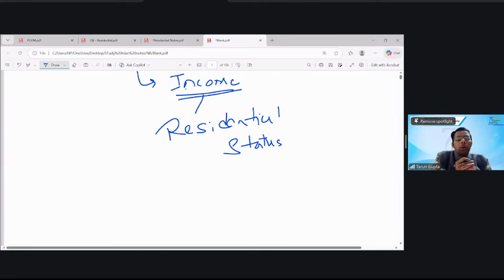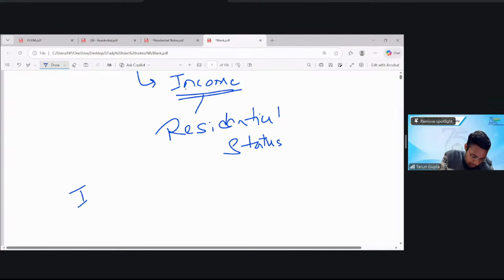See, why residential status is important is that every government wants to tax everybody for every income. Of course, every government wants to increase its tax revenue. But take an example.